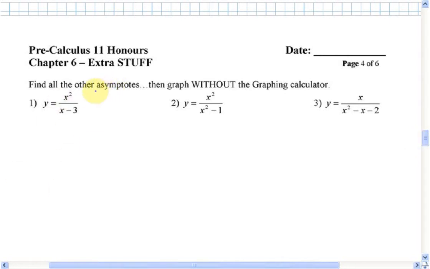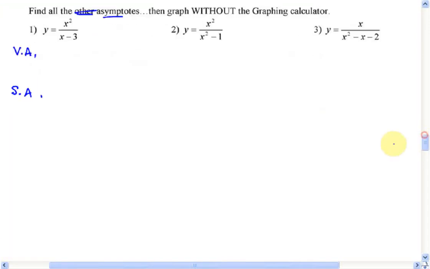I said find all of the asymptotes. What I'd like us to do, first of all, is find the vertical ones first. I'll call them VAs. Then I'll see if there's a slant asymptote, which I'll call SA. And then finally, I'll show you how to find the horizontal asymptotes using the idea of the limits from below or from above.